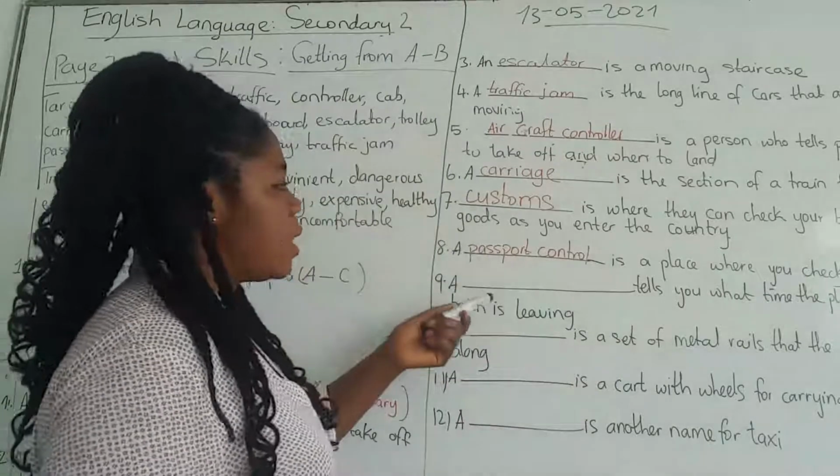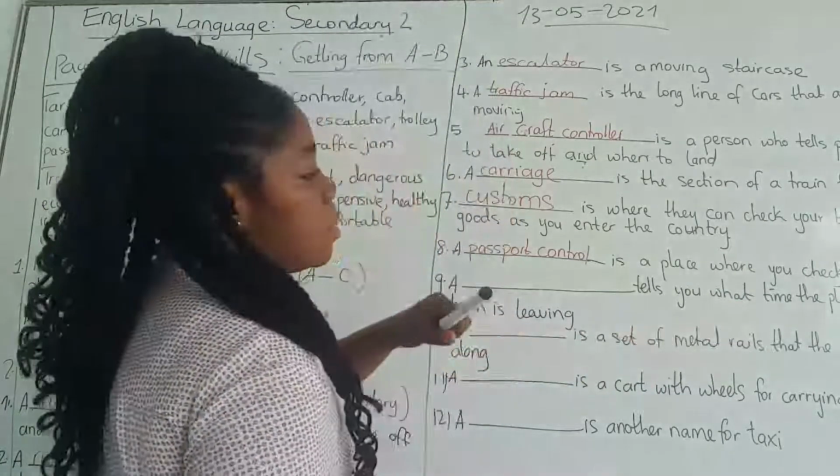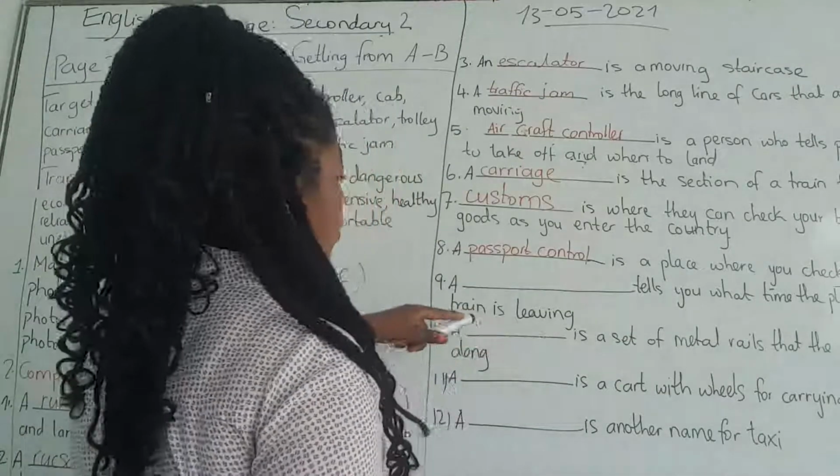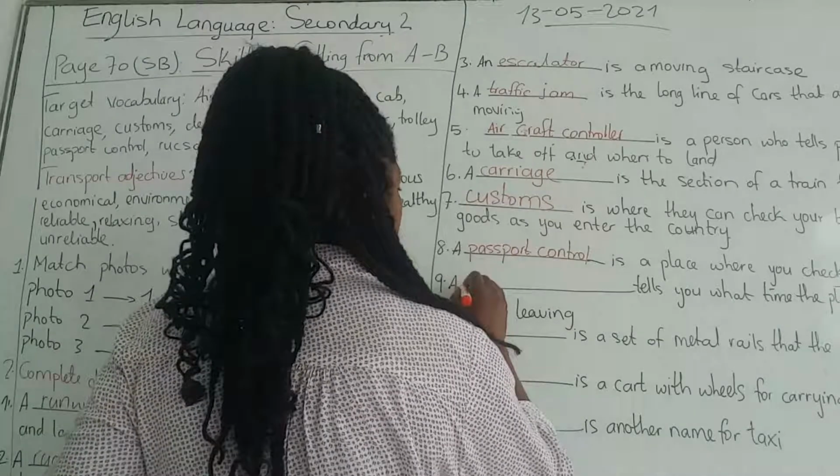Number 9, a dash tells you what time the plane or the train is leaving. A departure board.